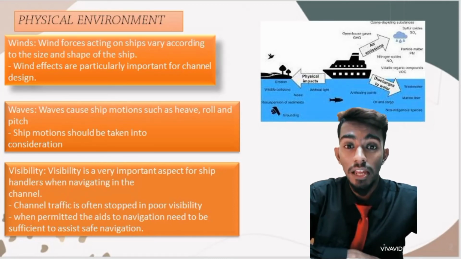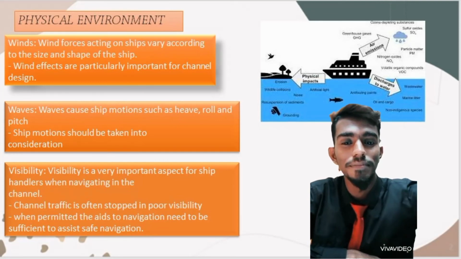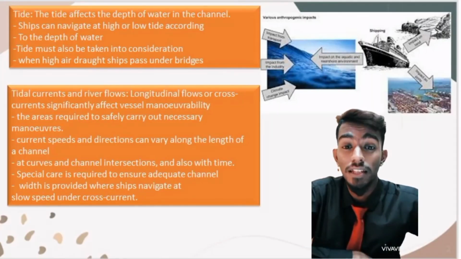Visibility is a very important aspect for ship handlers when navigating in the channel. Channel traffic is often stopped in poor visibility, but when permitted, the aids to navigation need to be sufficient to assist safe navigation. The fourth aspect is tide.